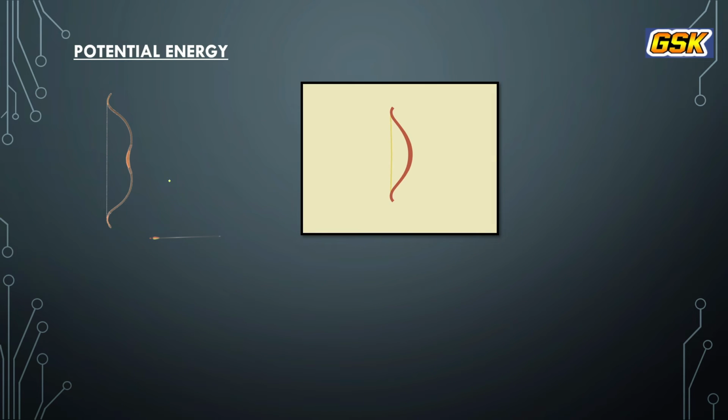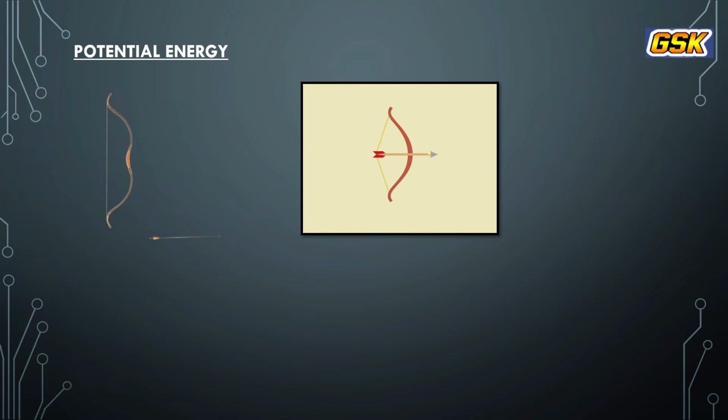Now potential energy. Take an example of a bow and arrow. Without pulling it back, just leave it. The arrow falls down. Now take an arrow and bow. Now pull it back and release. So the shape of the bow changes so that it can do some work on the arrow.